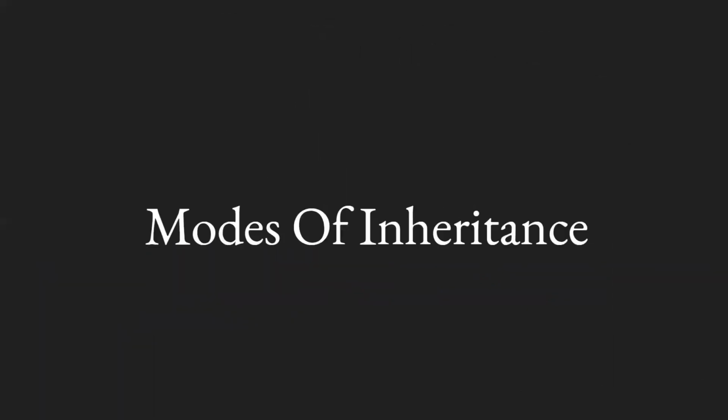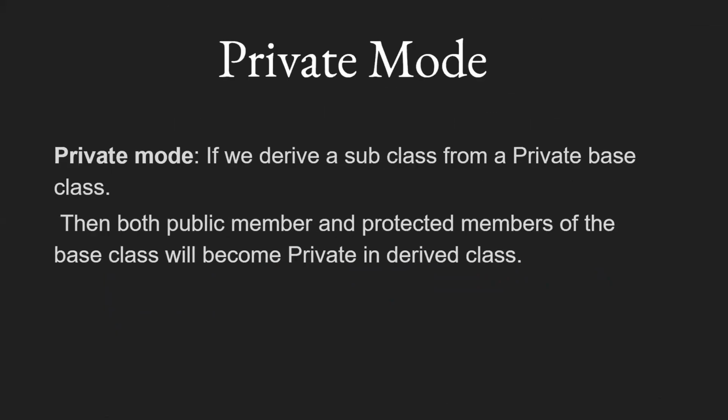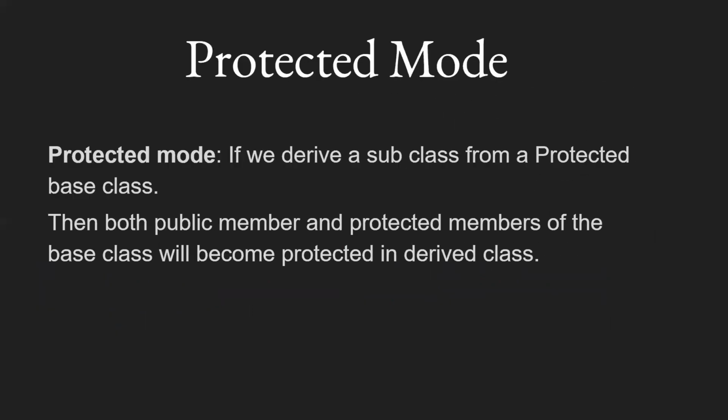Now we come to the next topic, which is modes of inheritance. First is private mode. If we derive a subclass from a private base class, then both public and protected members of the base class will become private in the derived class. Next is protected mode. If we derive a subclass from a protected base class, then both public and protected members of the base class will become protected in the derived class.